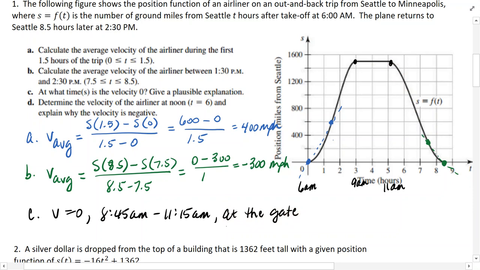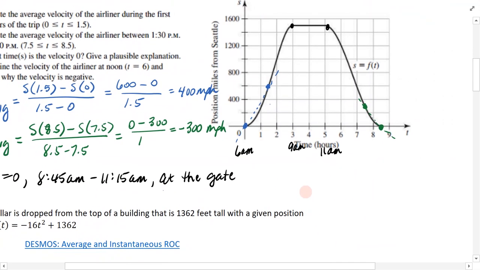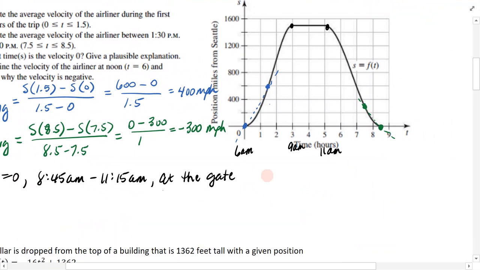And then finally, the question we want to look at here says, okay, well, determine what the velocity is at noon. What is the instantaneous velocity? That's what we're looking for at that point. What is the instantaneous velocity when time is equal to 6?